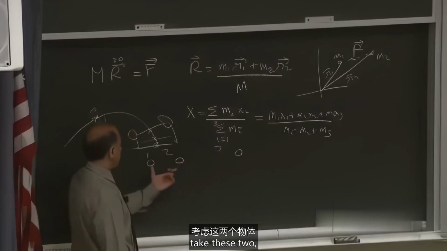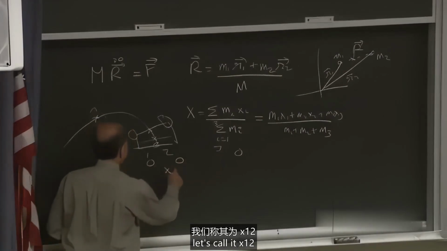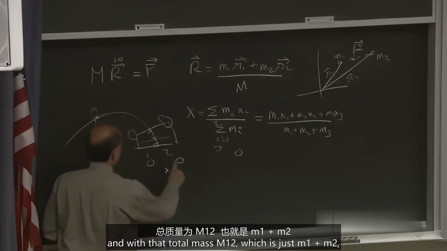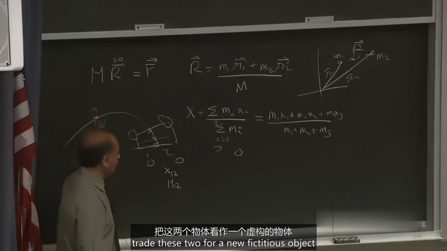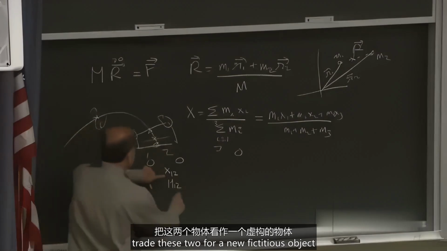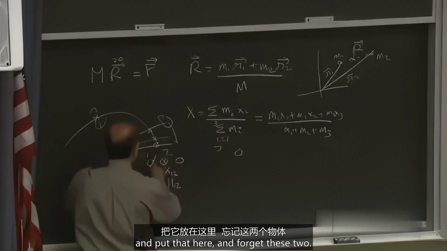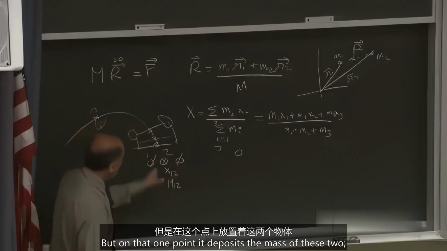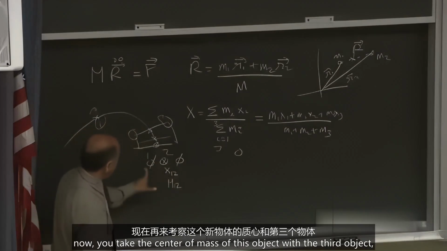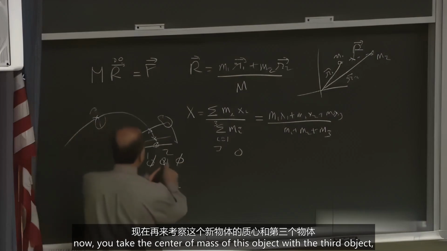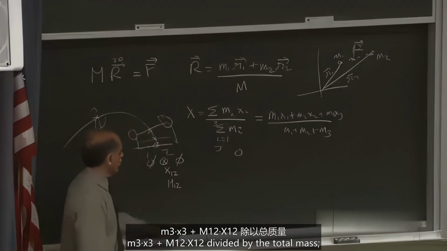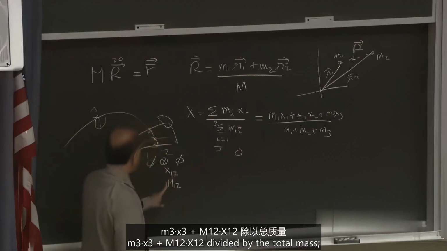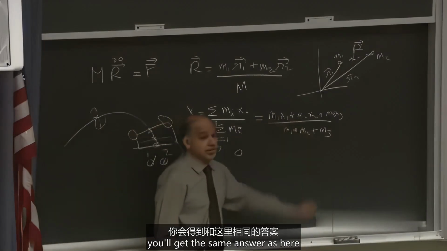Forget the third one, take these 2, find their center of mass, let's call it x12, and with that total mass m12, which is just m1 plus m2, trade these two for a new fictitious object and put that here and forget these two. But on that one point, you deposit the mass of these two. Now you take the center of mass of this object with the third object by the same weighting process: m3x3 plus m12 x12 divided by the total mass. You will get the same answer as here.